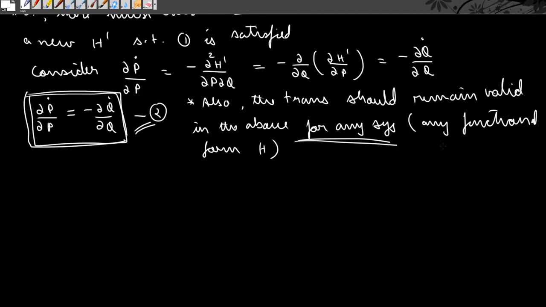Which means that if you take, for example, a free particle, its Hamiltonian will have a different functional form compared to a particle which is experiencing some force in some field. So for both systems, the same transformation when you apply it should still behave in this manner, in the sense that it should follow equation 2.